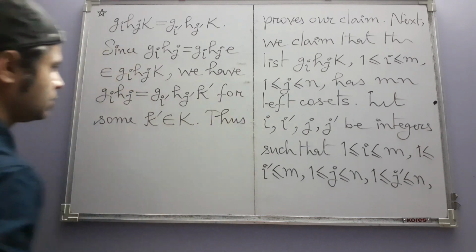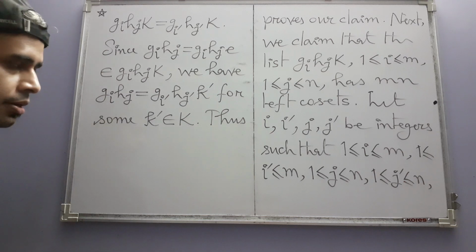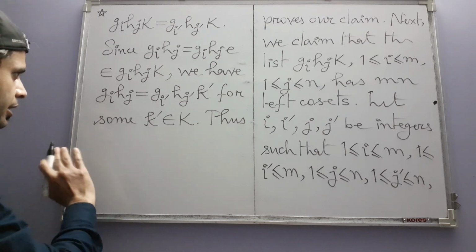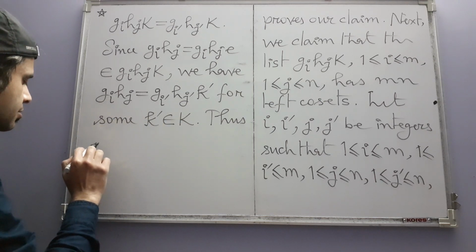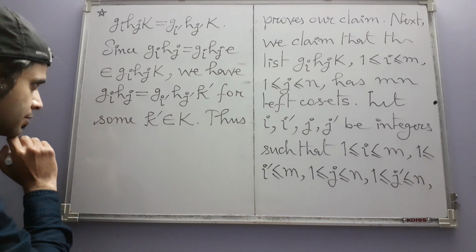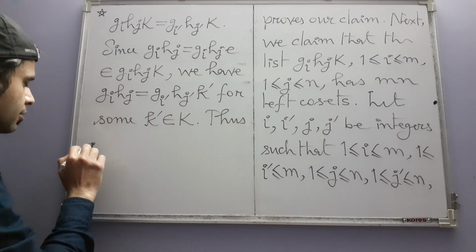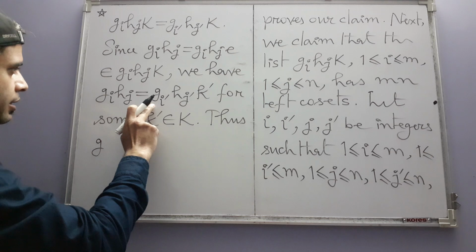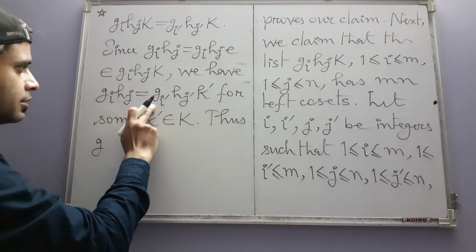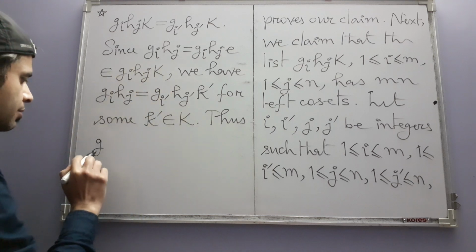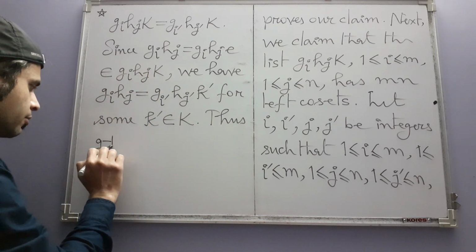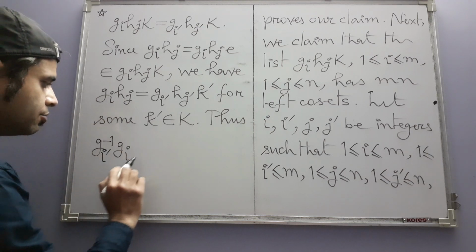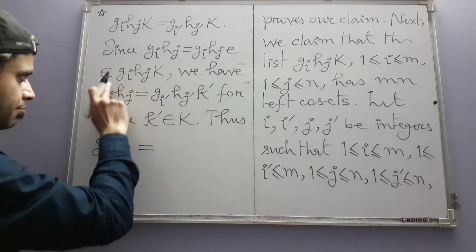Thus, now we need to manipulate this equation a little bit. This equation of course can also be rearranged, I mean, the terms can be rearranged like this. Should I do it in steps, or I can do it at once also? You will understand. So what I am going to do now is that I will pre-multiply both sides by the inverse of Gi prime. Now if I do this, what happens to this Hj?